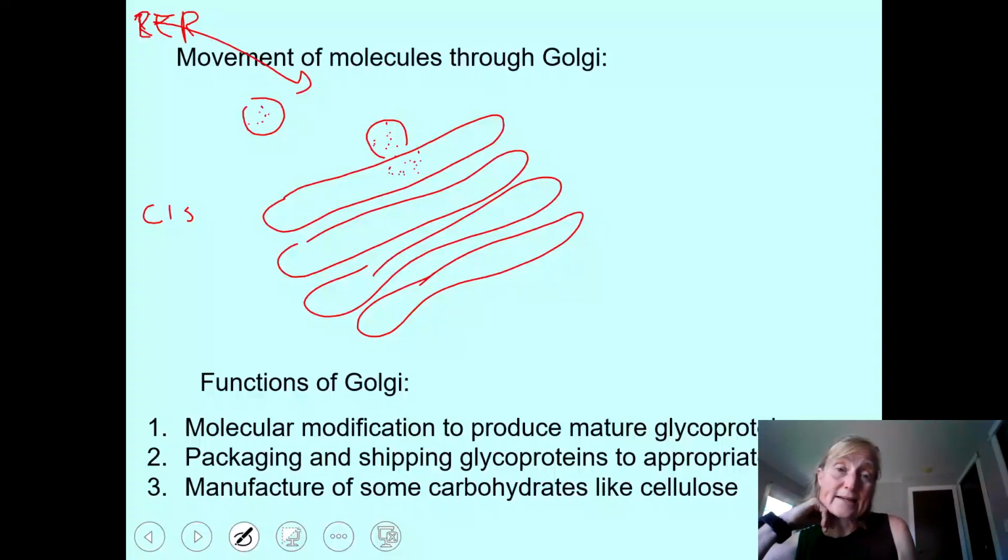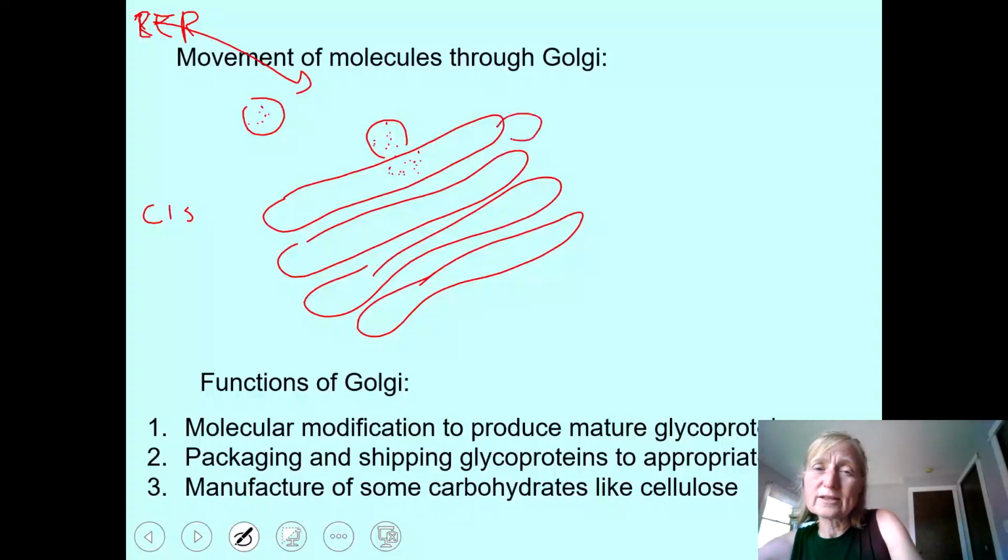Each sac has sets of enzymes that can change, modify, or identify the proteins that are coming in. And as these proteins get modified, they move, and we're not really sure how. They might bud off in little vesicles to the next sac, and then bud off again to the next sac, and eventually arrive in the last sac of the Golgi apparatus.